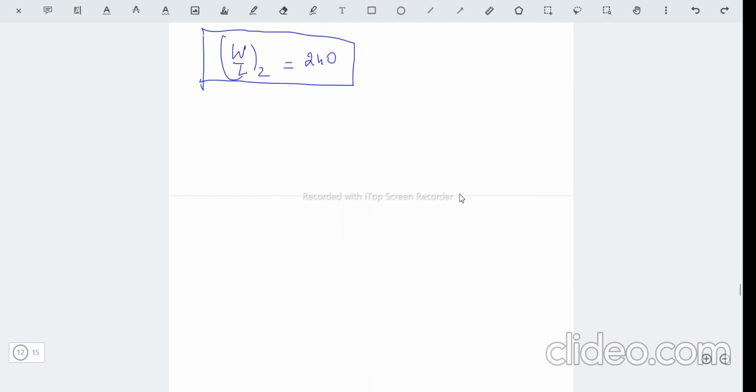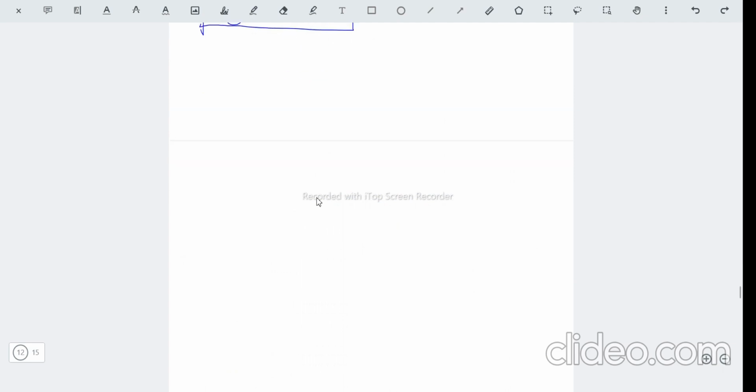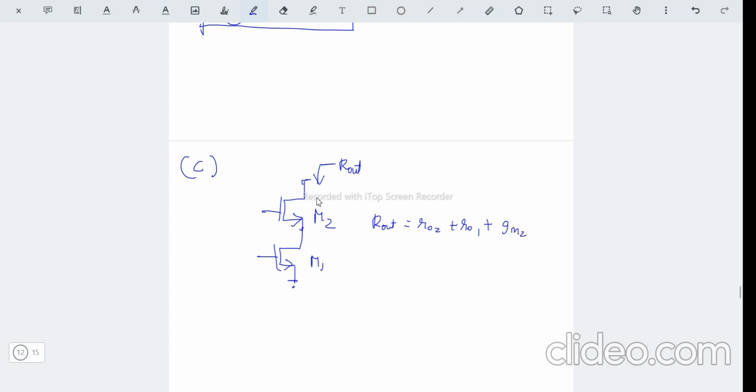For the cascode structure, we know that when M2 is on the top and M1 is at the bottom, we are interested in calculating Rout from this point. So Rout would be RO2 plus RO1 plus gm2 times RO2 times RO1.